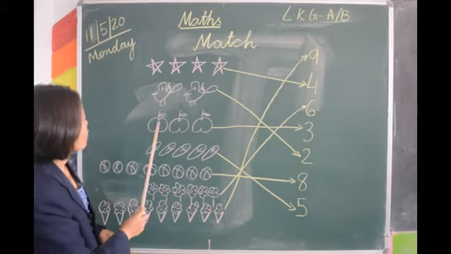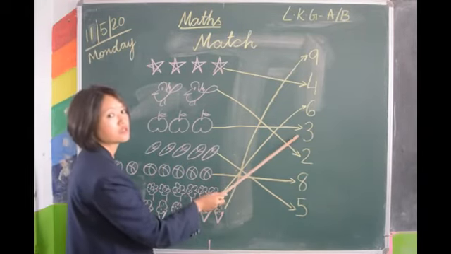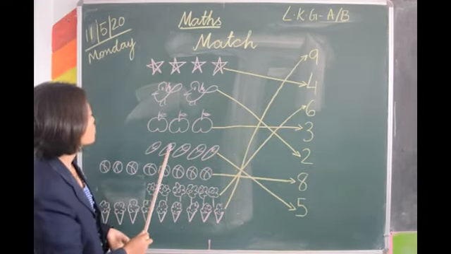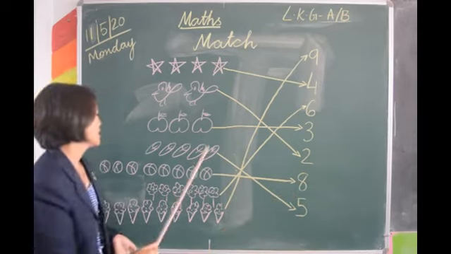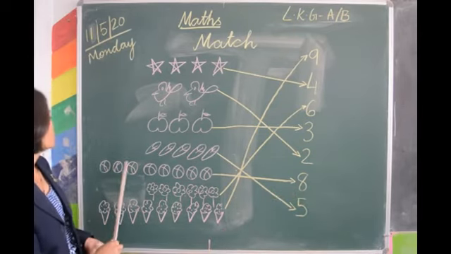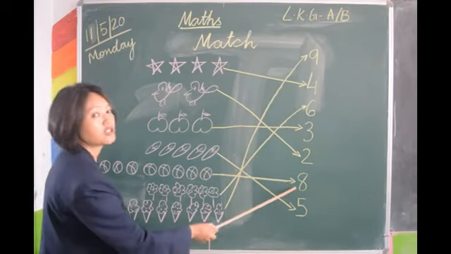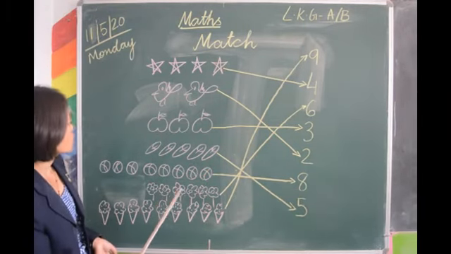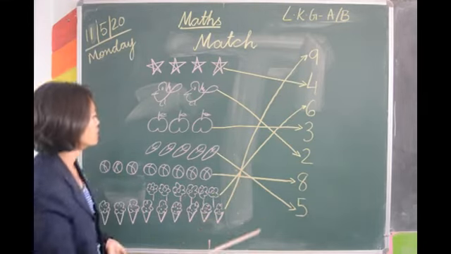Here 1, 2 and 3 apples are there. So 3 is already here, and 1, 2, 3, 4, 5. So 5 is here, and 1, 2, 3, 4, 5, 6, 7 and 8. 8 is here. 1, 2, 3, 4, 5, 6, and 6 we have already done here.